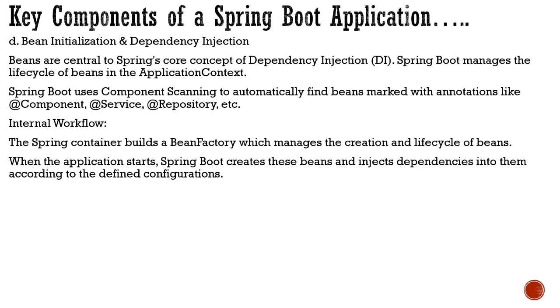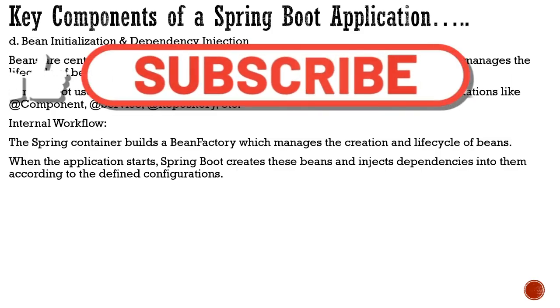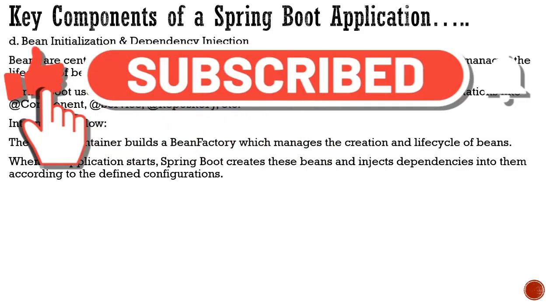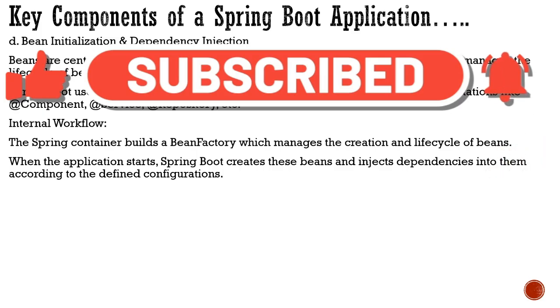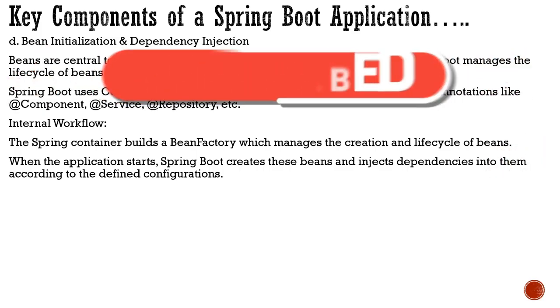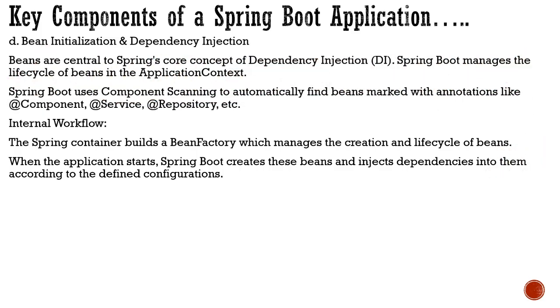So it will manage all the life cycle of the bean, like creation, initialization, destruction, like whatever the application context does, right? Now, Spring Boot also uses component scanning, which will automatically scan all the beans which are marked with annotations like @Component, @Service, @Repository, @Controller, anything marked with an annotation, it will scan it and load that, right?